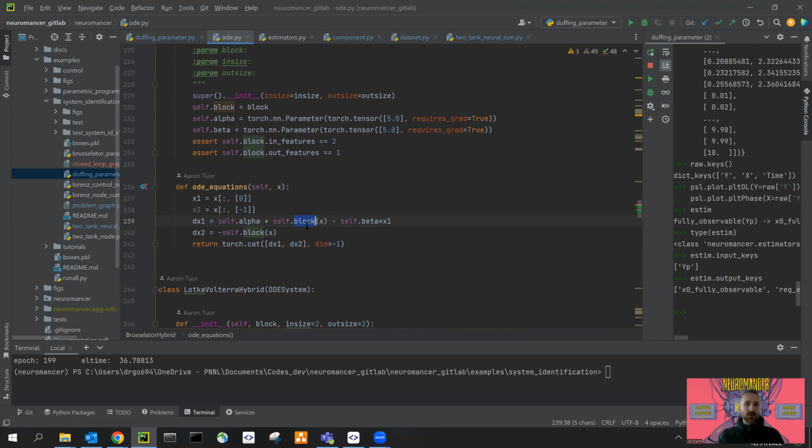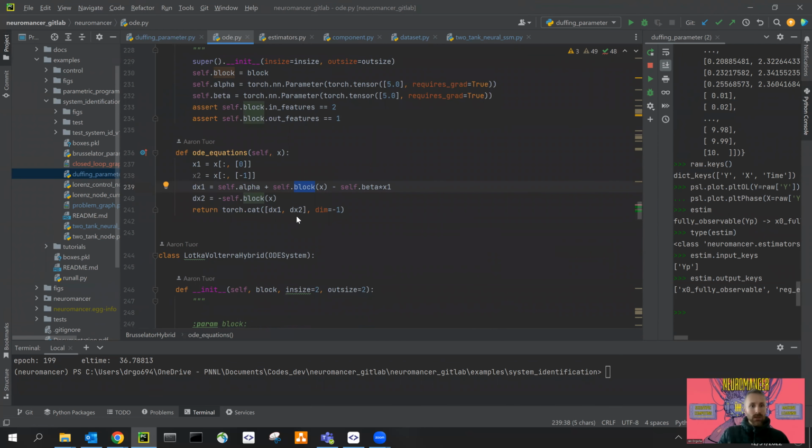This can be any neural network architecture, any deep neural net, multi-layer perceptron, or recurrent neural network, whatever is good assumption for your case. And it's fully compatible with our blocks or in neural networks. So what you implement in blocks, like input convex neural network, you can go here.